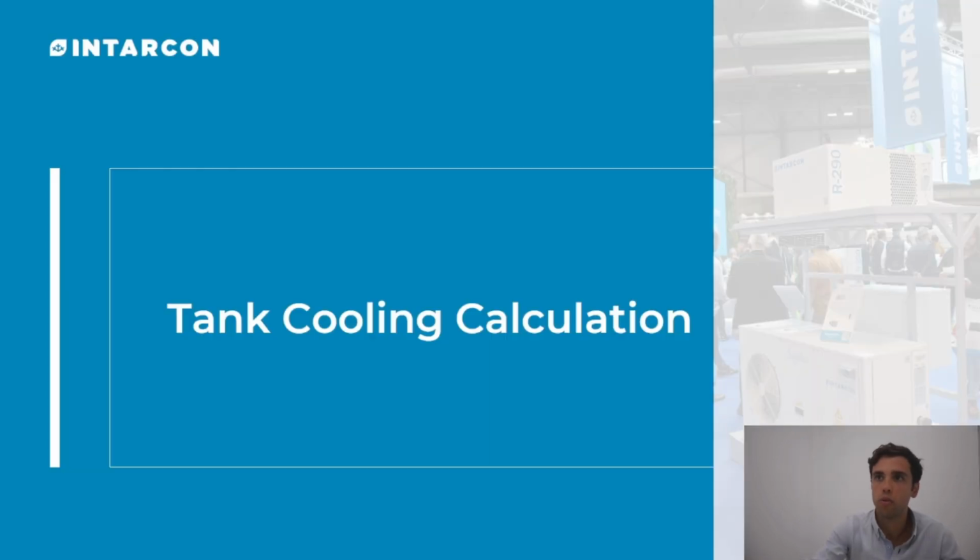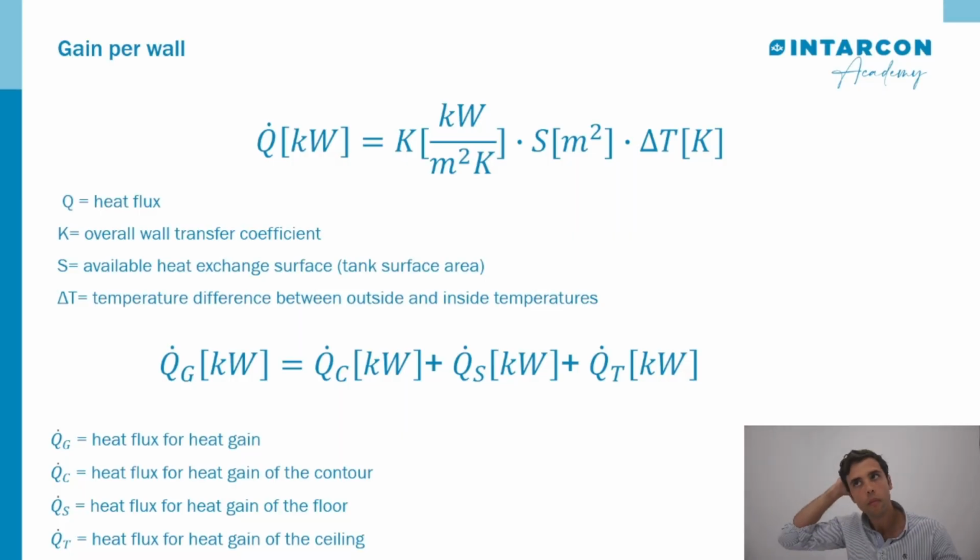So let's see how to calculate tank cooling. At first, we have to consider the gain per wall as the product of the overall wall transfer coefficient. If there are different transfer coefficients for the contour, the floor and the ceiling, we can also divide it into the sum of them.